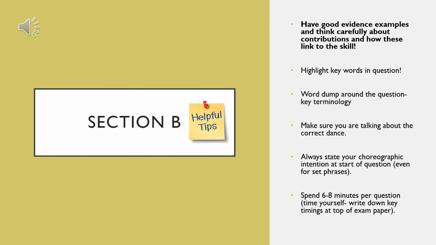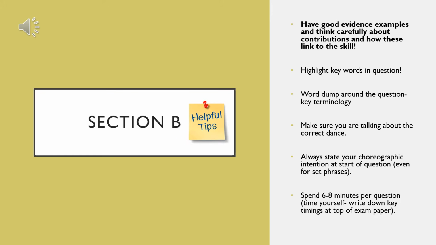Okay, top tips for section B. Have some really good evidence examples ready to go. When you're doing practical lessons, it's good to be a real thinking dancer. So if you're working on an alignment exercise, for example, think about how you might explain and describe that example.